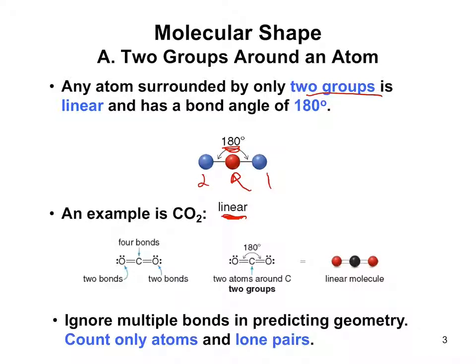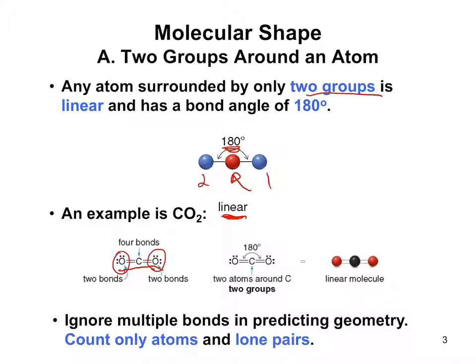Let's look at CO2 as a specific example. If we were to draw the Lewis structure of CO2, we would have this structure as shown down here. It would take me a little time to show you how to do that, but hopefully you can go back and use your Lewis structure drawing skills to draw that Lewis structure. Basically, we've only got two atoms connected to carbon, so we've got two oxygens.